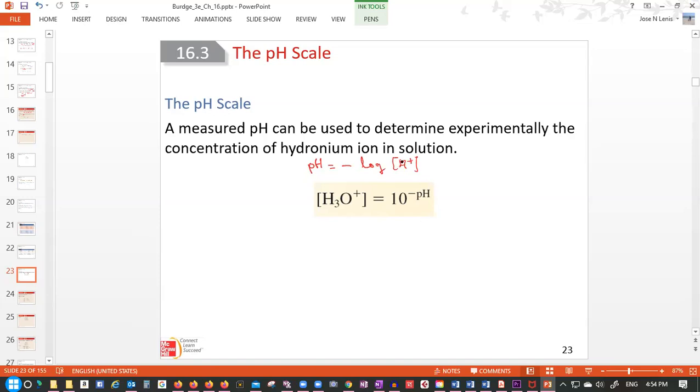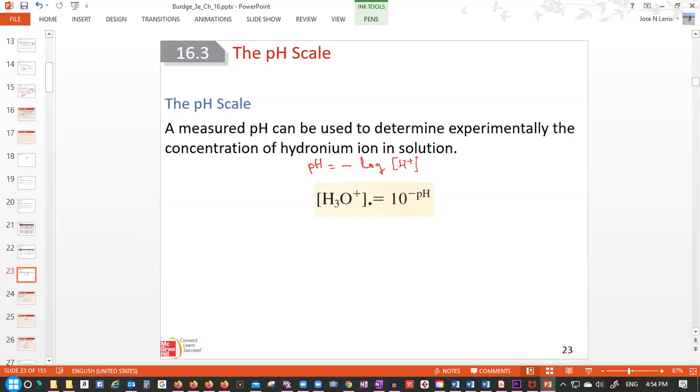To simplify, let's just leave it H plus or H3O plus. So from here, using the properties of logs, if we take the anti-log on both sides, we find that concentration of H3O plus equals 10 to the negative pH.